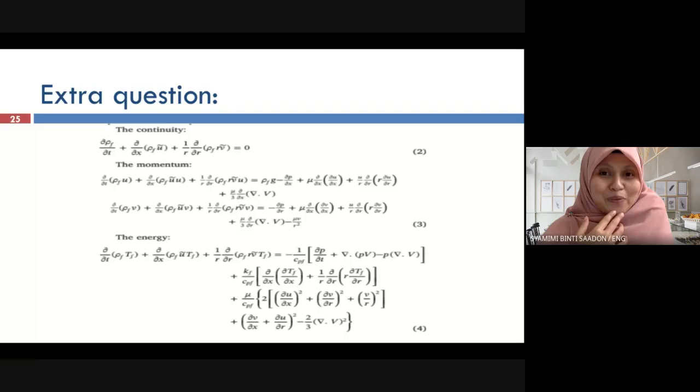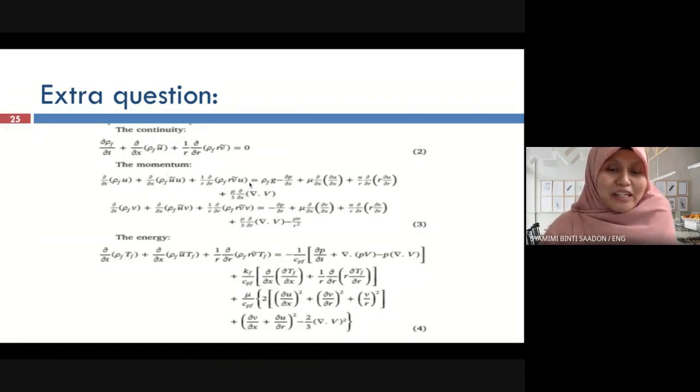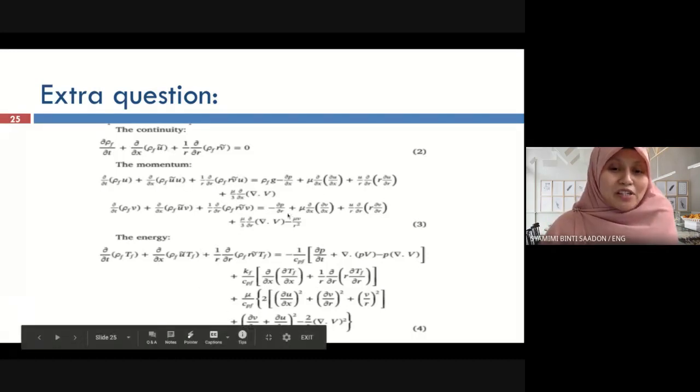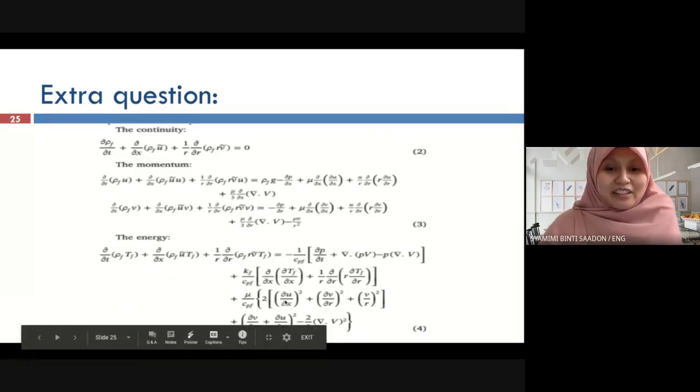So we use numerical methods to solve these partial differential equations. You are not going to solve this type of partial differential equation by hand or manually, but you use numerical methods and CFD, computational fluid dynamics, to solve the equation, and you will get the pressure, temperature, the velocity, etc.